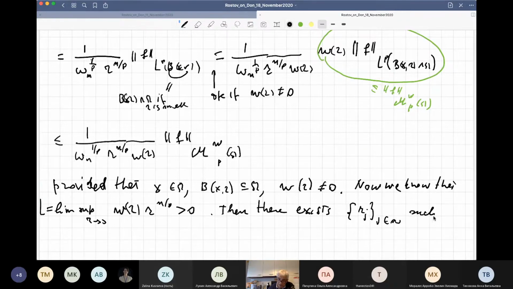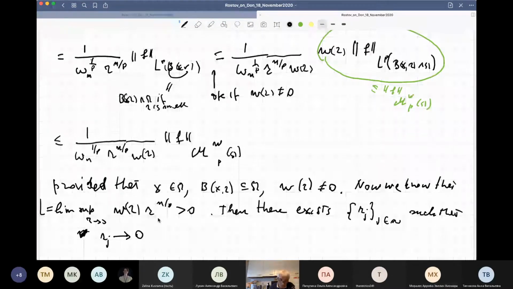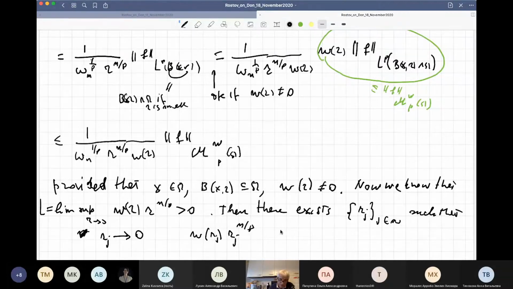such that, number one, the r_j's converge to the point which is 0. We are taking the limit at 0. Number two, the function of which we are taking the upper limit, evaluated at r_j, W(r_j) r_j to the n over p, will converge to capital L. This comes out, roughly speaking, from the definition itself of upper limit.